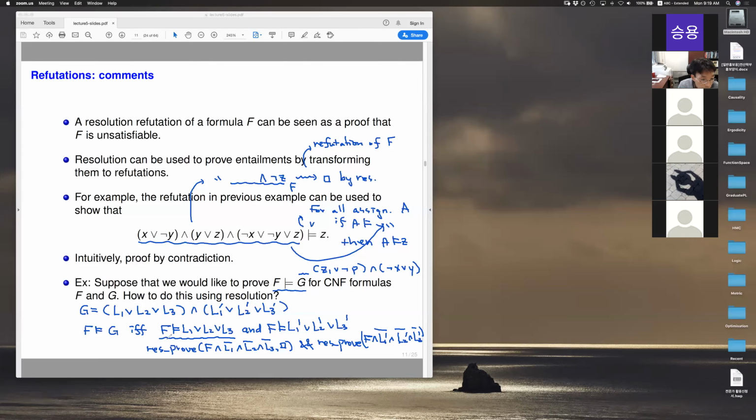The first property is checked by this, and the second property is checked by this. So what I wrote there is a way to check semantic entailment between any two CNF formulas by using resolution, reformulating it in terms of unsatisfiability questions of CNF formulas.